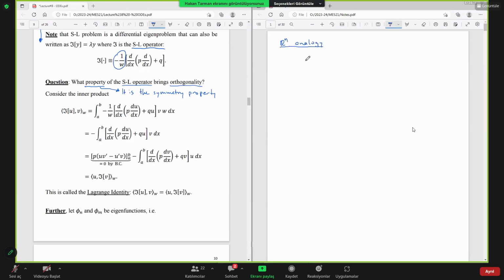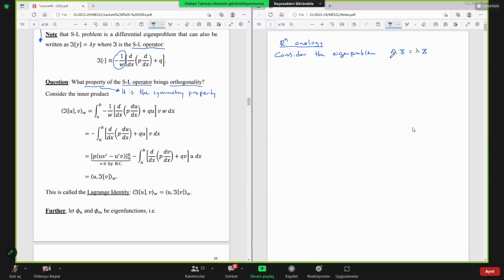Now, consider the eigenproblem Ax equals lambda x. This is from Rn.